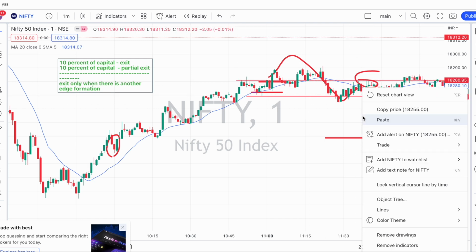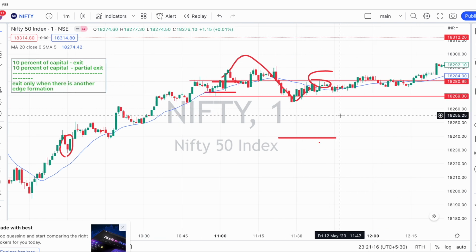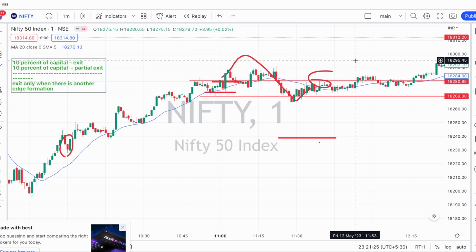Now after the edge formation is formed, you have to look for a build up above this particular point, to have your step 3 to take one more entry on the buy side if there is an engulfing pattern, or you have to wait for the price to fall down.